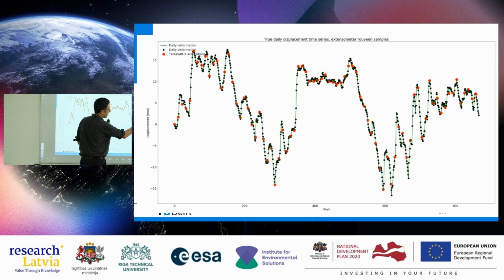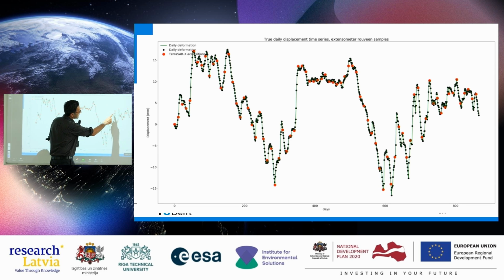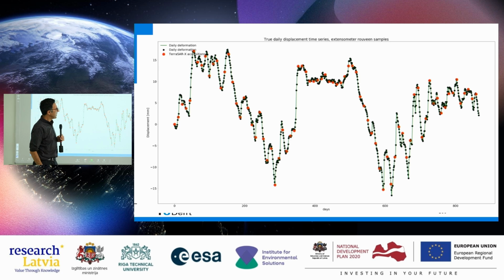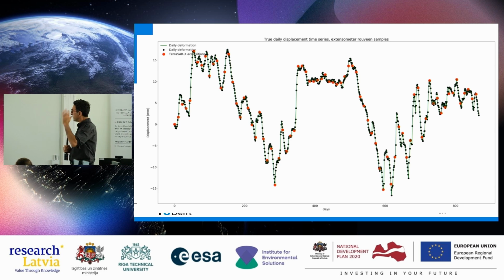So there are several peaks which I will not sample simply because it happens within the cycle of a satellite. So the variability of the signal, the peak going down and going up over here, I would completely miss that if I only have the TerraSAR-X data. So the first thing with peat is that it is extremely dynamic. So within a day or so, it can move quite considerably.